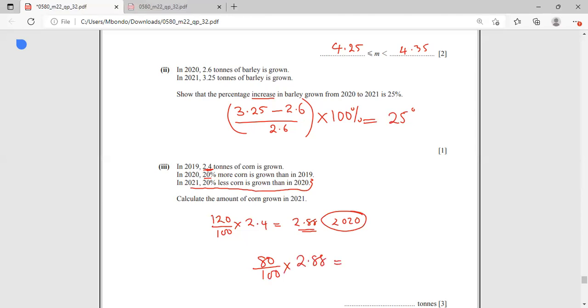When we work this out, we get 2.3 if we round it off to one decimal place. And this is going to be the last answer.